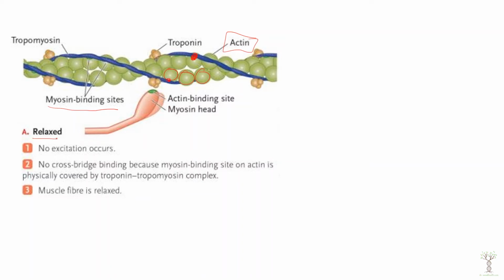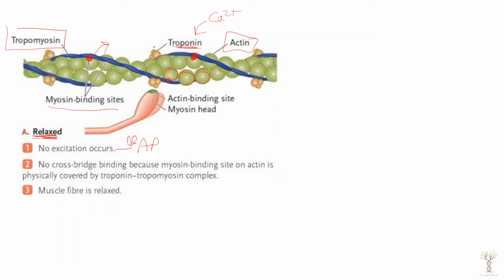But in a relaxed situation, when the muscle is not contracting, there is no action potential. So there is no excitation. So the binding sites have to be blocked, and they are blocked by tropomyosin. The only way to move the tropomyosin off of these binding sites is by having calcium bind to the troponin.